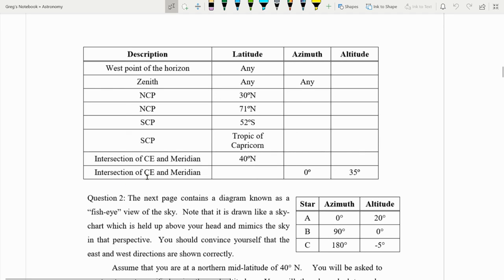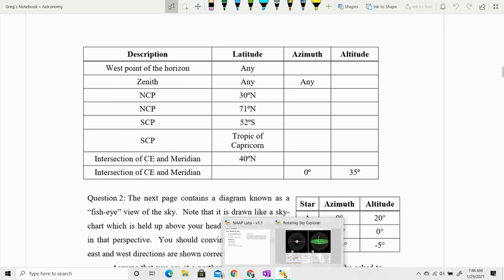And then intersection of the celestial equator and the meridian, if my azimuth is 0 and my altitude is 35, what's the latitude going to be? So let's check that out. If we can get this to pop up, there we go.